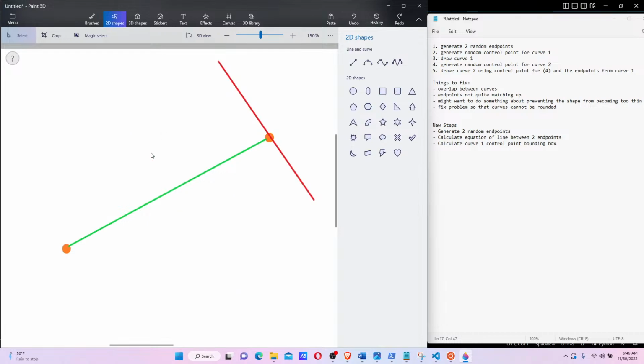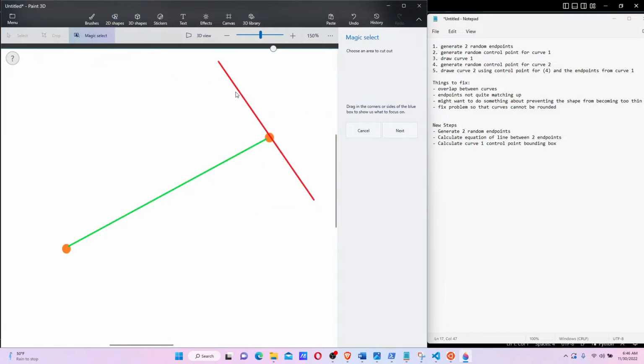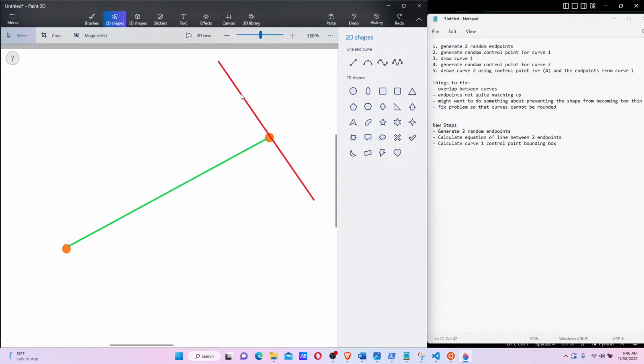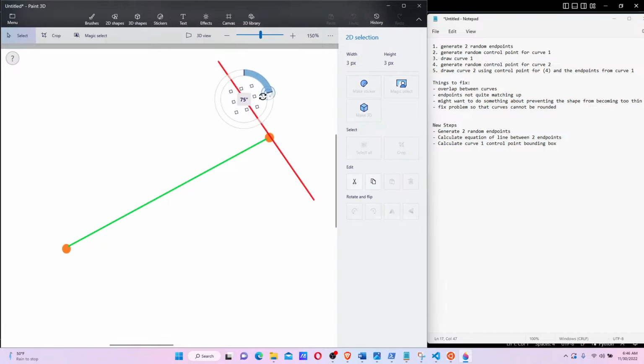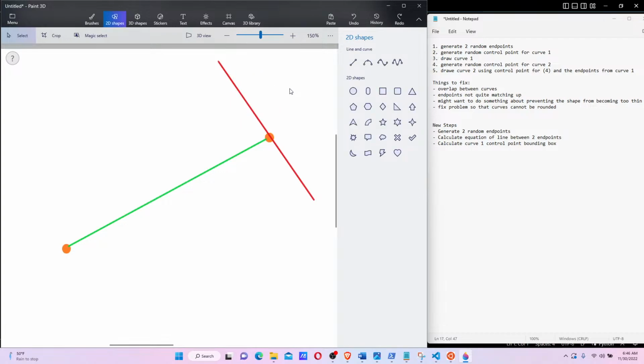No, oops. What is this? Okay, whatever, I'll just draw a new one.